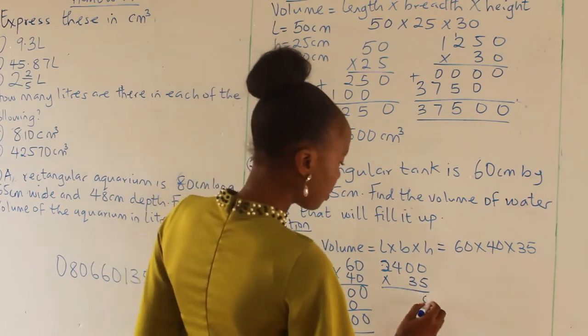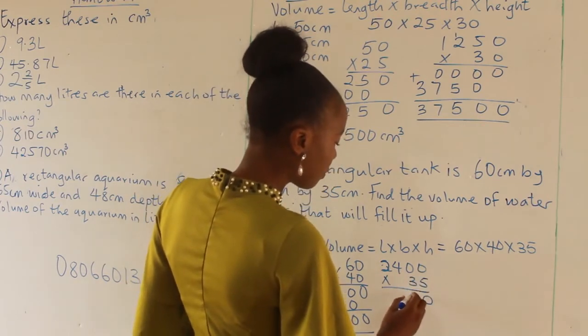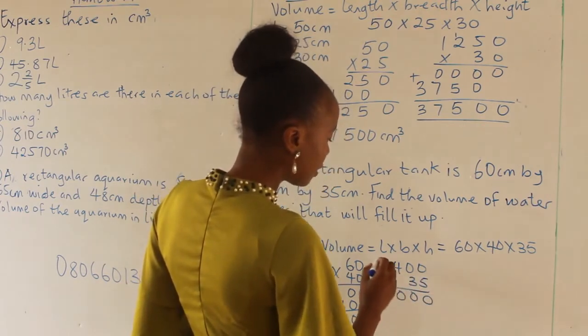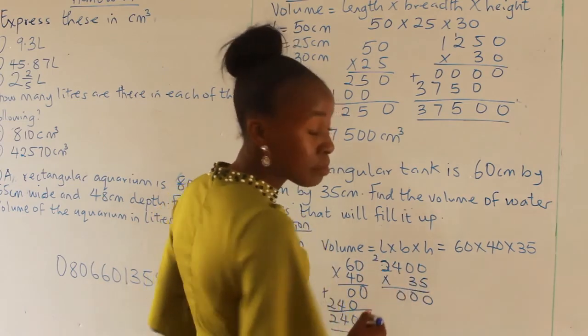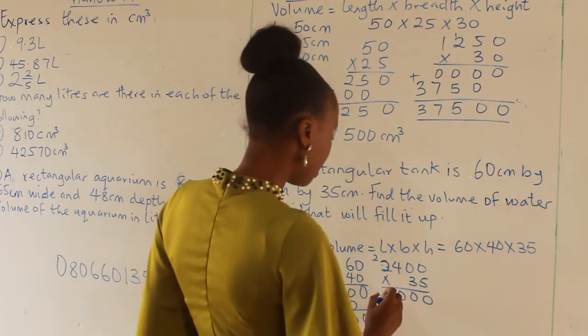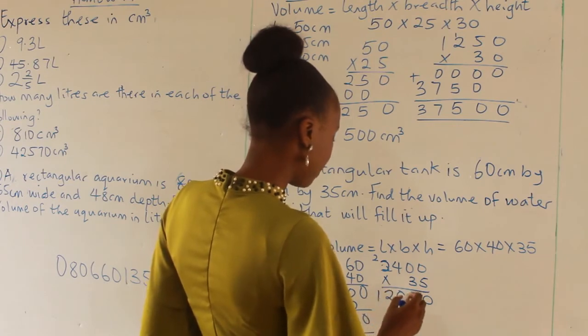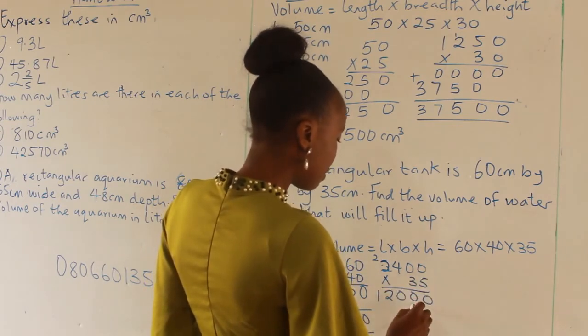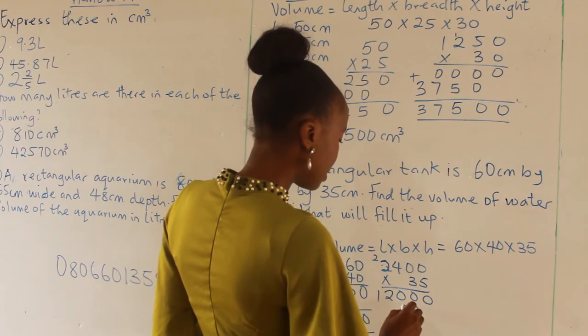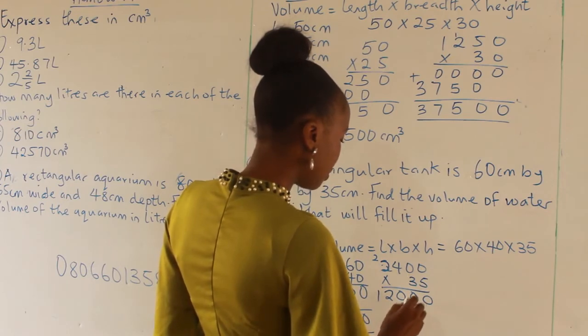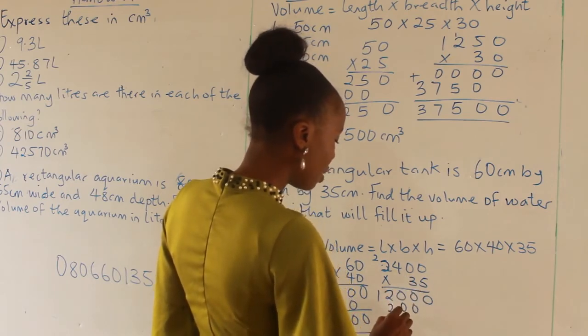5 times 0 is 0. 5 times 0 again. 5 times 4, 20. Carry 2. 5 times 2 is 10 plus 2. We have 12. 3 times 0, 0. 3 times 0 again, 0. 3 times 4, we have 12, carry 1.